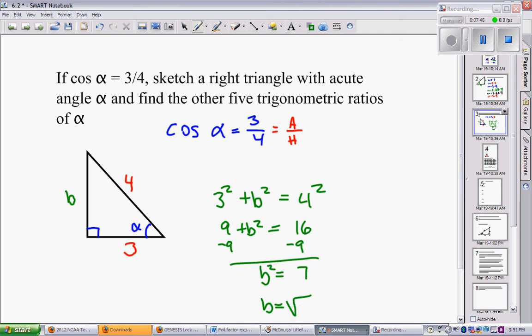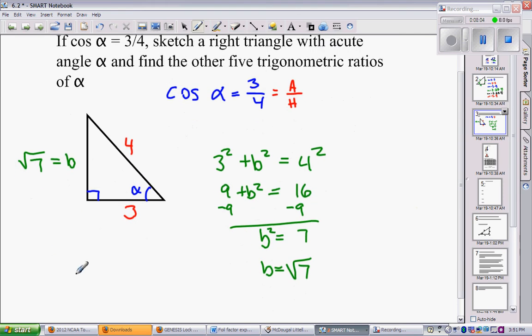B turns out to be root 7. So, we have the cosine. We can find the secant by just taking the inverse, the reciprocal. So secant of alpha is 4/3.